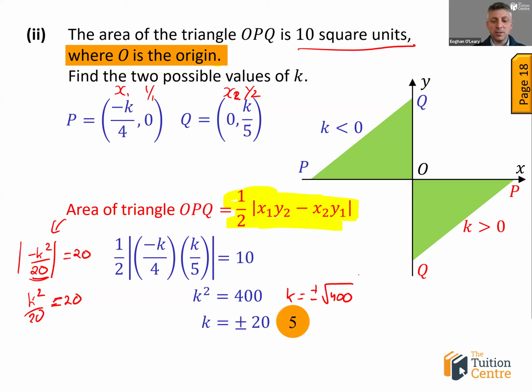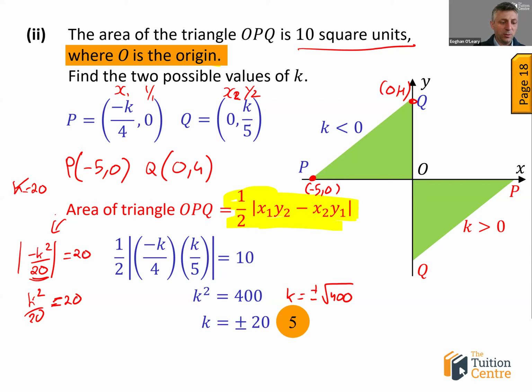Now that would then allow us to get these points. If we take k is equal to 20, we would have p is equal to minus 5 comma 0, and q would be equal to 0 comma 4. So that would be this version here, minus 5 0 and 0 4.